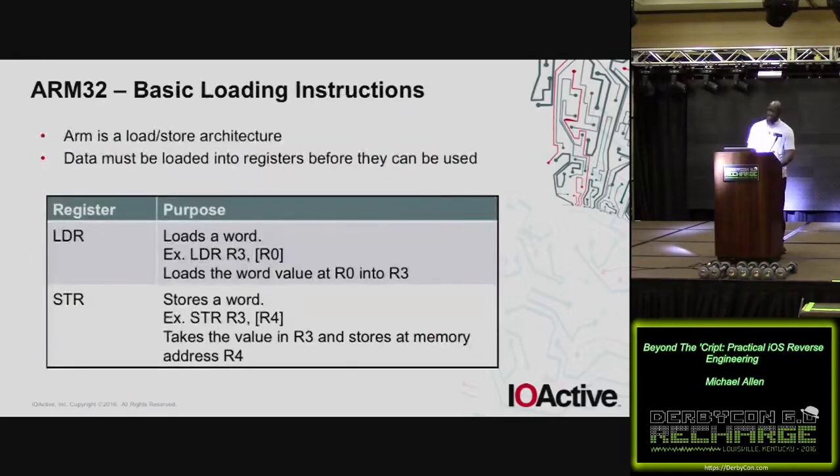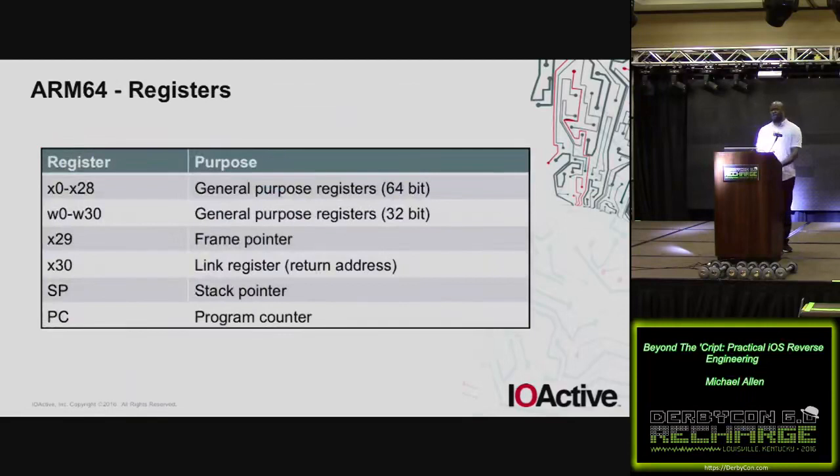Basic loading instructions: ARM is a load-store architecture, and so before you can use data, it must be loaded into the register, right? How I remember this is loading goes from right to left, storing goes from left to right. That's it. ARM64 has a lot more registers. Now you have X0 to X28, general purpose 64-bit registers, and W0 to W30, 32-bit.